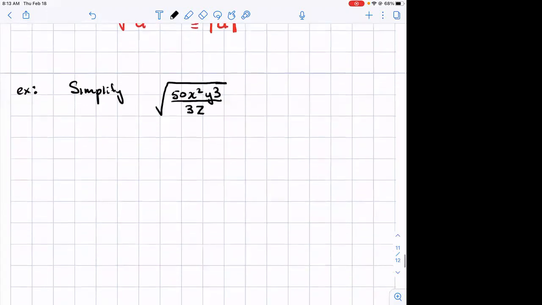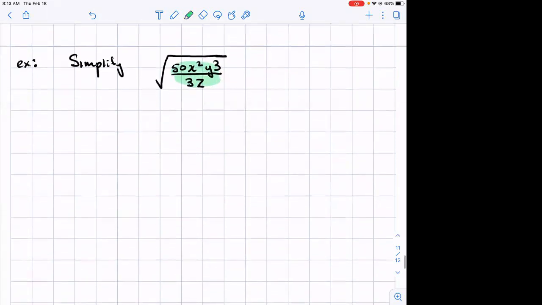Okay. So I always check to see before I do anything, is there anything in the bottom here that can be simplified, right? Is 50 divisible by 3 and so forth? There's nothing. So the next step is I rewrite this into 2 radicals. This is the same as the square root of 50 x squared y cubed divided by the square root of 3z.